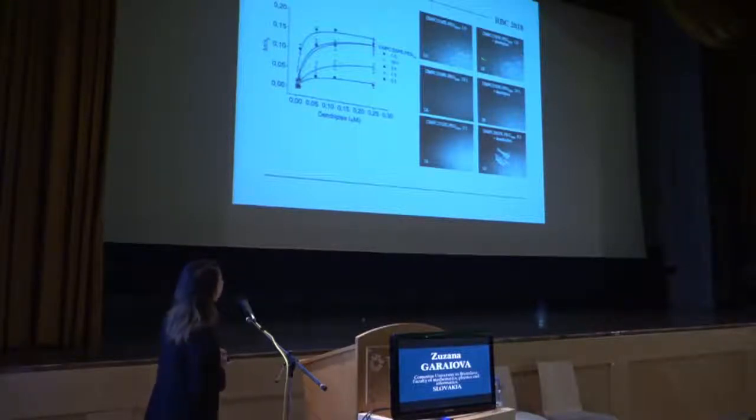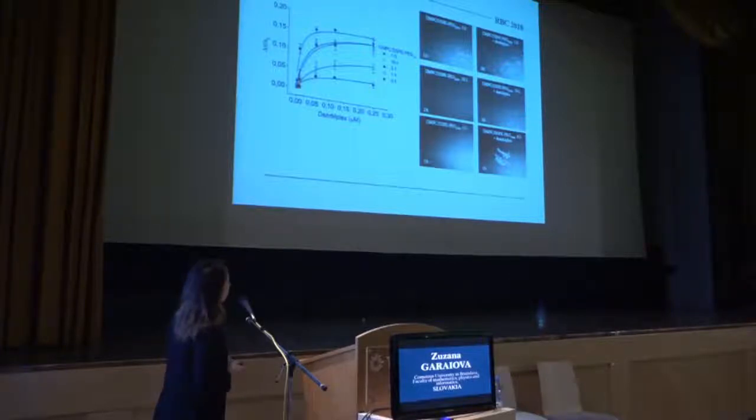I don't know how well visible it is, but here, this is the pure DMPC monolayer, and this is after addition of dendriplexes. So this DMPC monolayer is in a liquid condensed state, and we can see some white spots here that correspond to lipid microdomains.